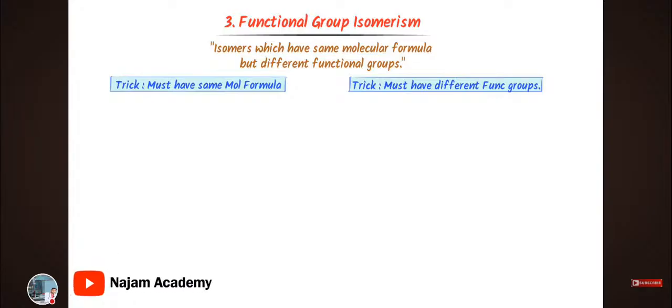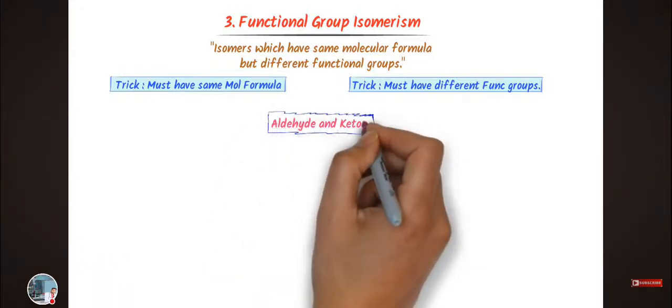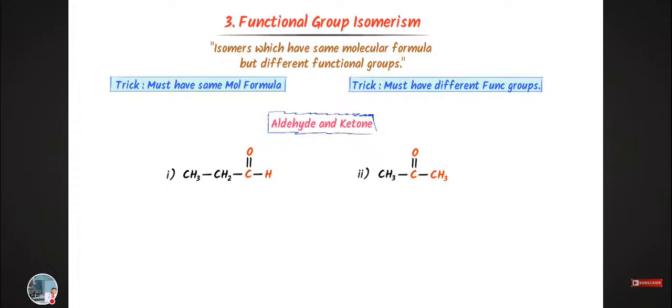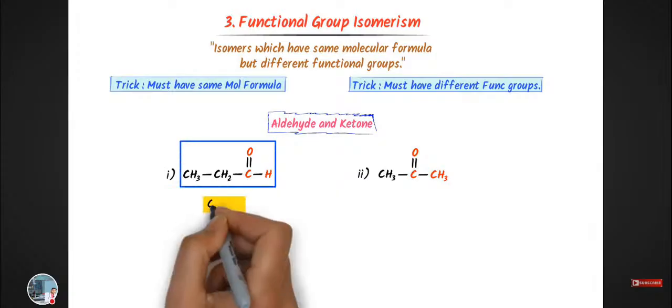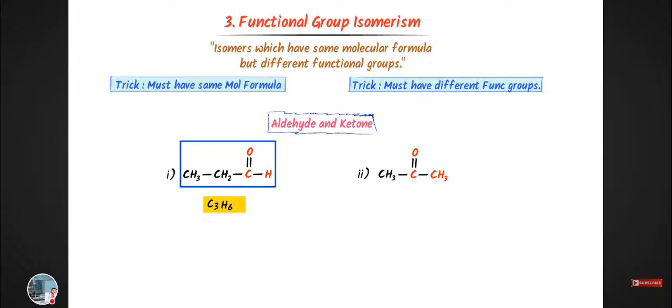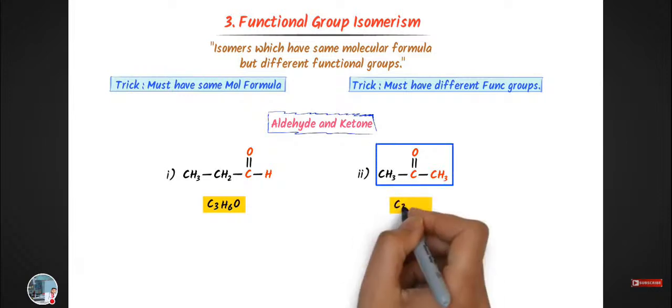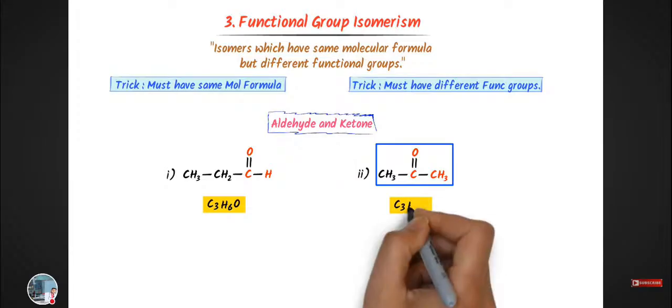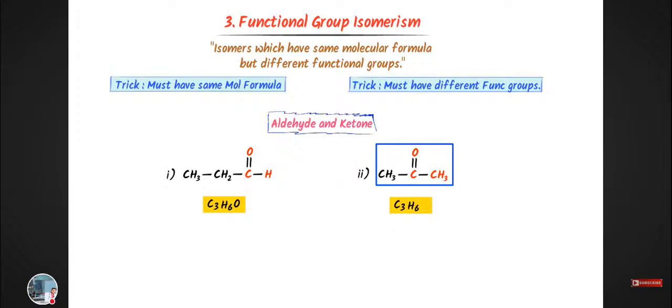For example, consider aldehyde and ketone functional group. Now I look for the molecular formula of the compounds. The molecular formula of this aldehyde is: there are 3 carbon atoms, 6 hydrogen atoms, and 1 oxygen atom. The molecular formula of this ketone is: here are also 3 carbon atoms, 6 hydrogen atoms, and 1 oxygen atom.